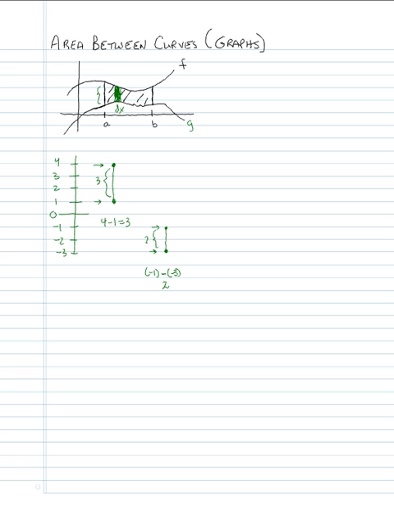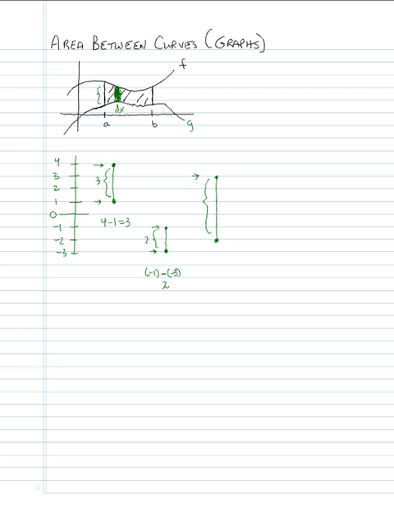Now, what would happen if part of the line segment was above the x-axis and part was below? Suppose we had something like this. We can count: from -2 to -1 is 1 unit, to 0 is 2 units, to 1 is 3 units, to 2 is 4 units, to 3 is 5 units. But we need to be able to calculate without counting, because we don't know what all those values are going to be.